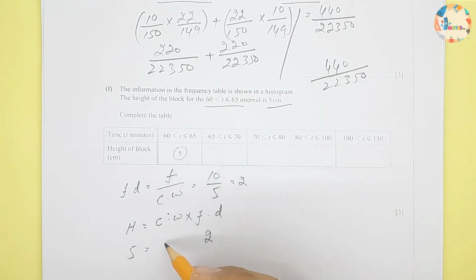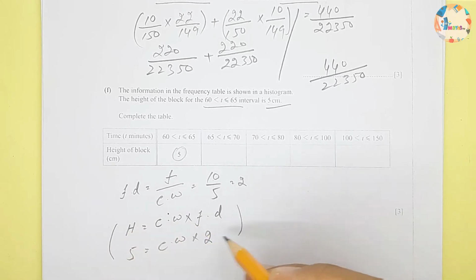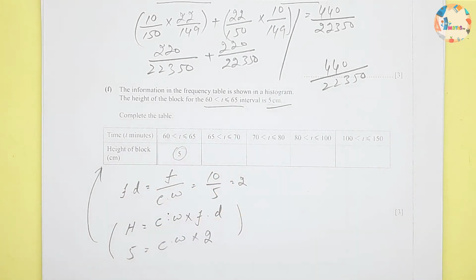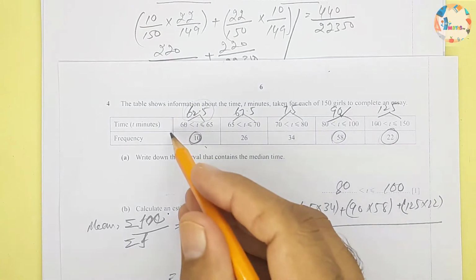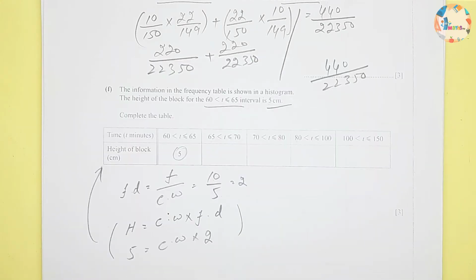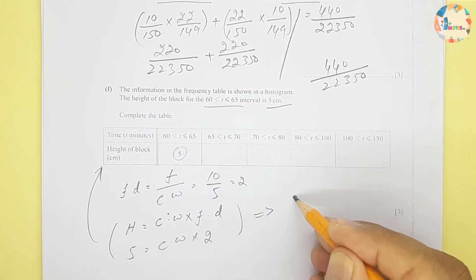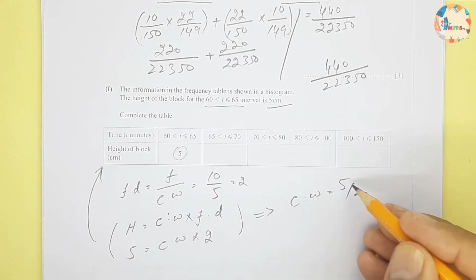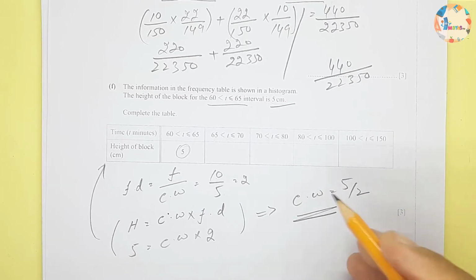So we will calculate the class width, this equation we applied on this one, and this equation we got from this table. Hopefully you are understanding this. This implies the class width is equal to 5 by 2.